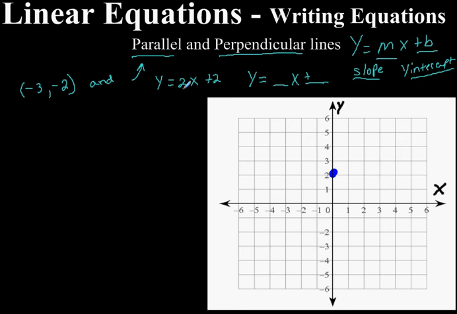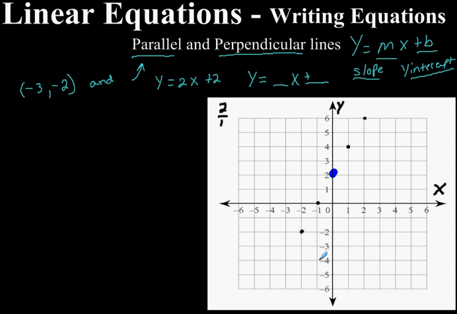All right, the other point. The slope for this parallel line is 2 over 1. So we're going to go up 2 over 1, plot a point. We can also go down 2 over 1, plot a point.